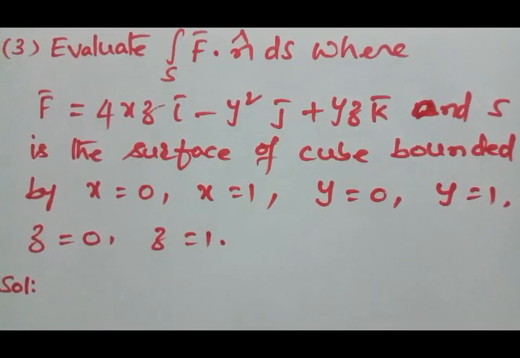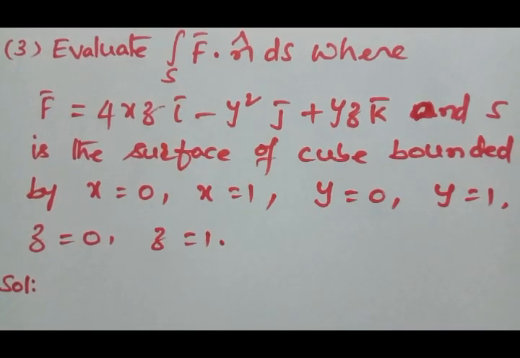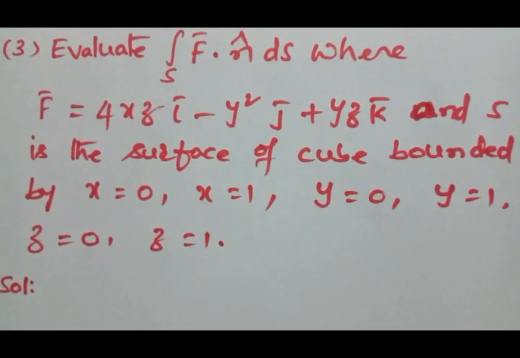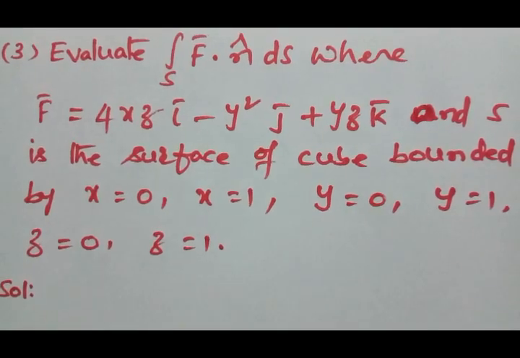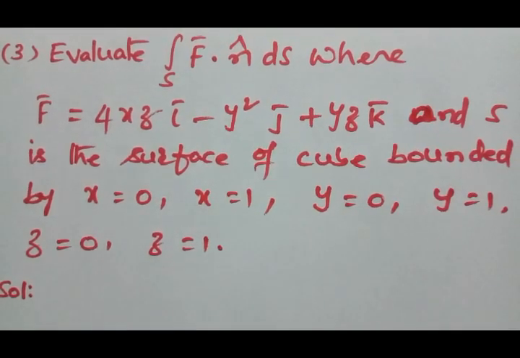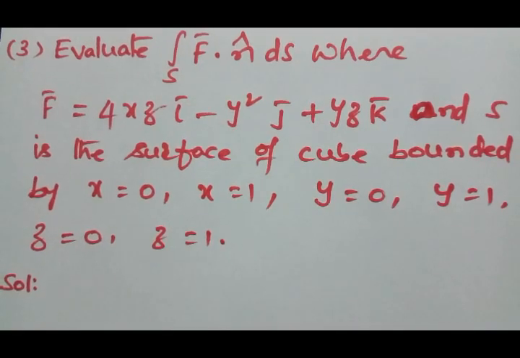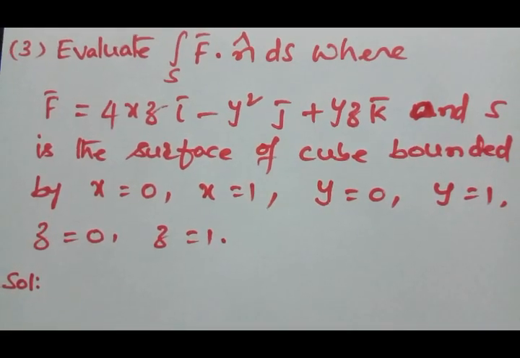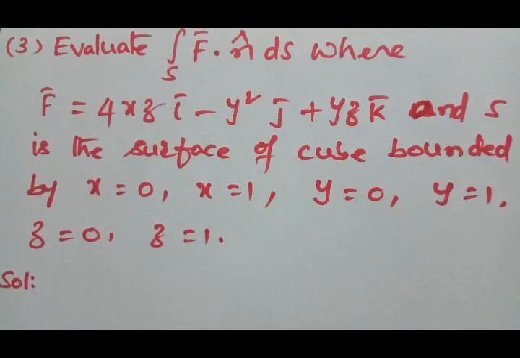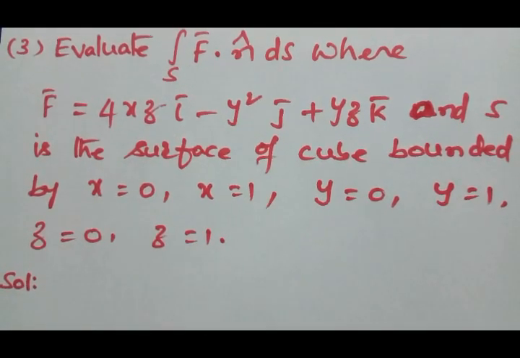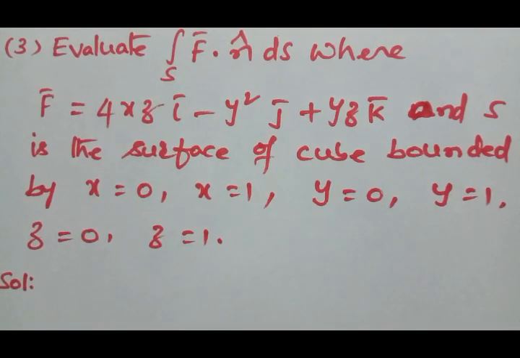Here x equal to 0 means the y axis, x equal to 1 is the line parallel to the y axis, y equal to 0 is the x axis, y equal to 1 is the line parallel to the x axis. So z equal to 0 and z equal to 1.